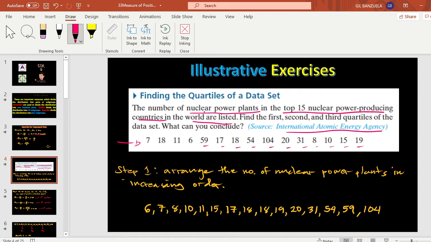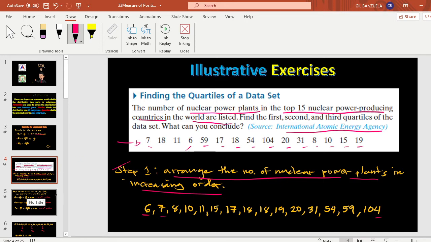For step number 1, we are going to arrange the number of nuclear power plants in increasing order. So we take 6 first, followed by 7, until we end up at 104 power plants.